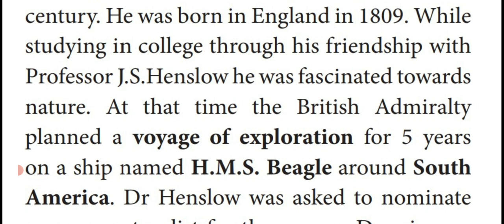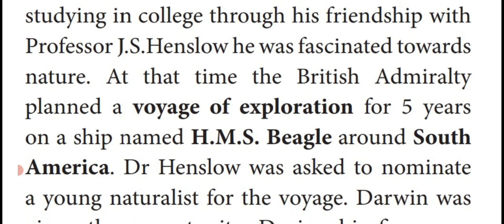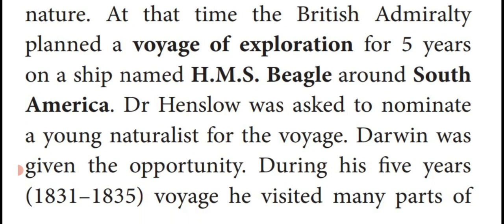So Professor Henslow asked Charles Darwin to nominate a young naturalist for the voyage. Charles was given the opportunity. In 1831 to 1835, he visited many parts of South America.